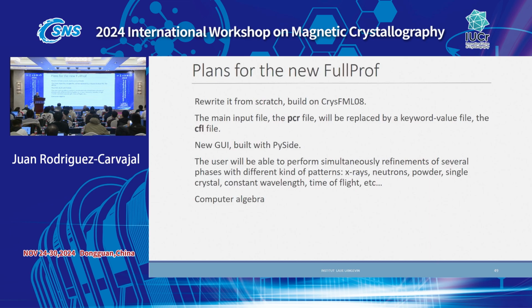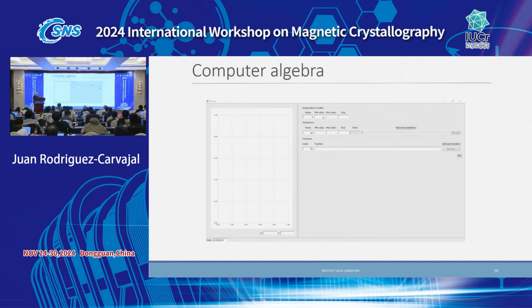This is interesting just to show you, a test for doing computer algebra. We have developed a module in which you can write whatever function can be incorporated into the program, something similar to what is done with Topas, but you can do that here.